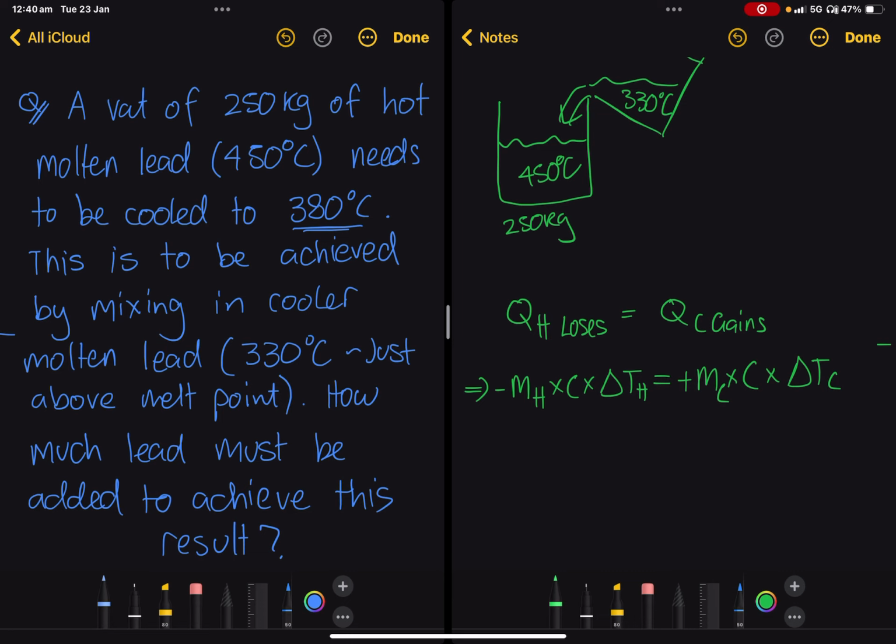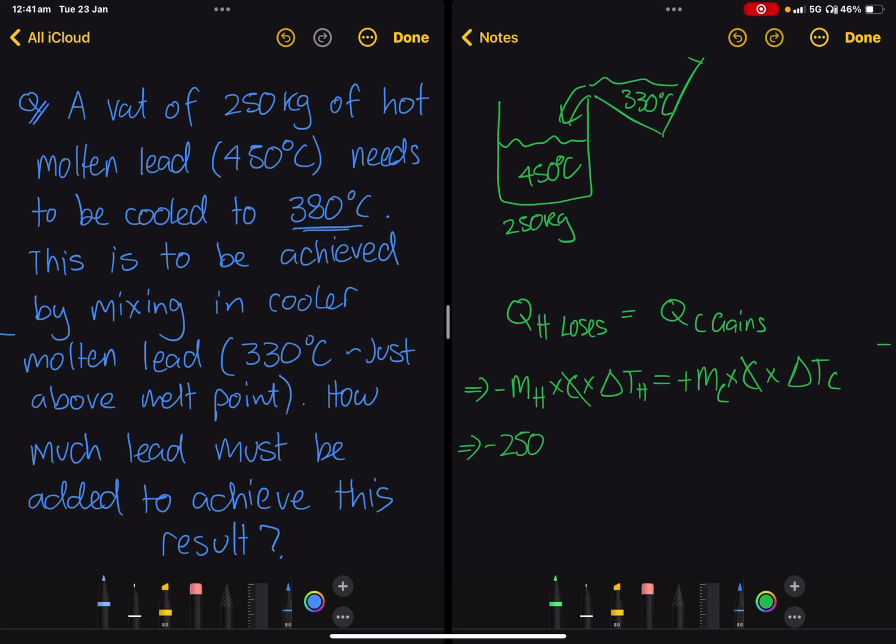So here we have minus 250. We can cancel C from both of these because we're mixing in two lots of the same liquid. So the specific heat constant is irrelevant in this question. It actually cancels out. Change in T_H.